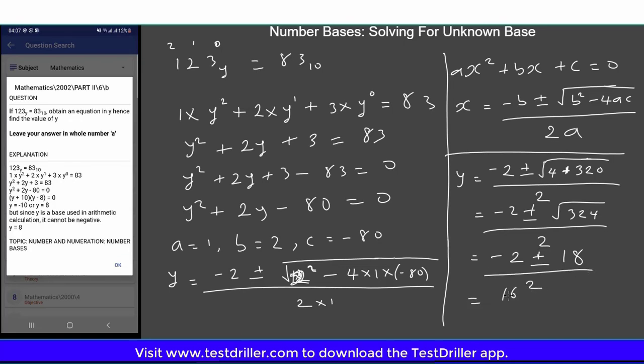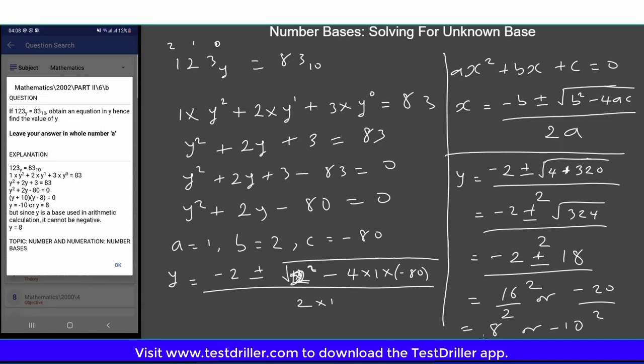So that will give 16 over 2 if you decide to take the plus, or if you decide to take the minus, it will be minus 20 over 2, because it could be plus 18 or minus 18. So that will give you 8 or minus 10.